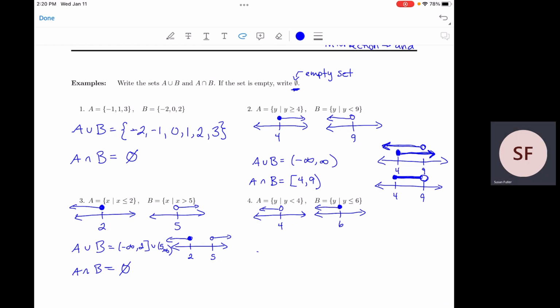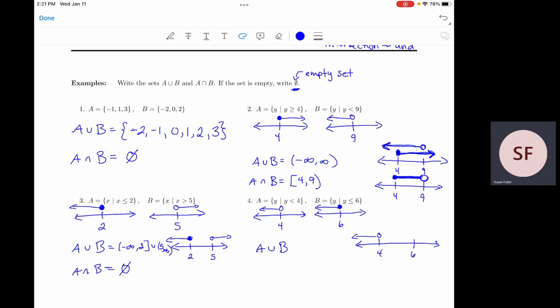Okay, so now to do A union B, I'm going to put both of these together on the same number line and see what is covered by at least one of these lines.